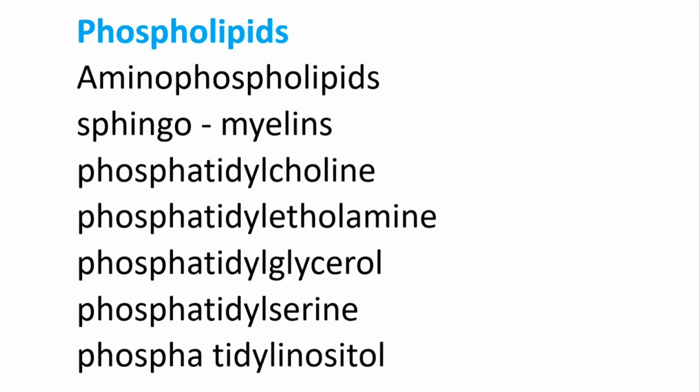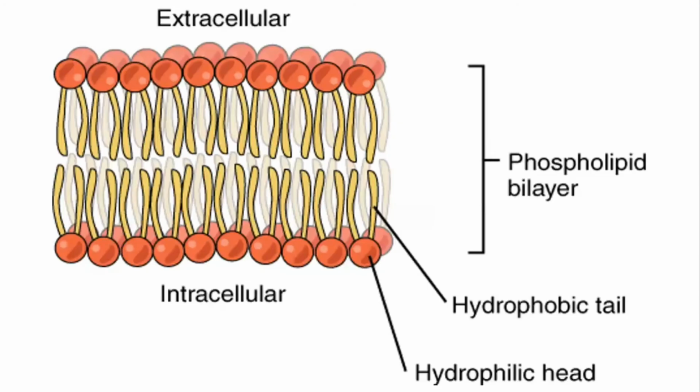So let's go through the phospholipid layer. There are so many phospholipids located in the cell membrane, which we have shown in these slides. As you can see in this picture, aminophospholipids, sphingomyelins, and all these ones are phospholipids.